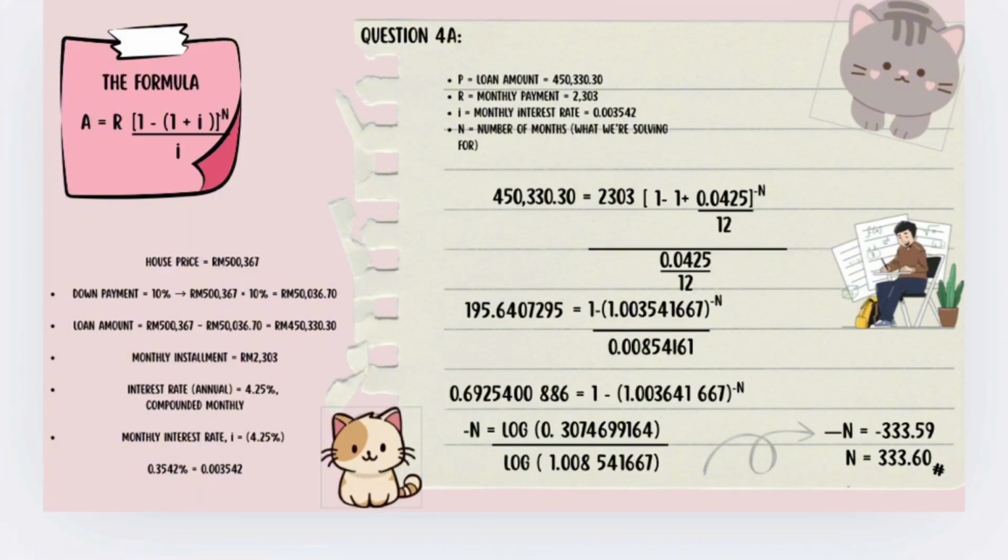That number equals 1 minus (1.00354167) to the power of negative n, over 0.00854161. We can settle this by 195.6407295 times 0.00354167, and then we will get 0.6925400886 equals 1 minus (1.00354167) to the power of negative n.